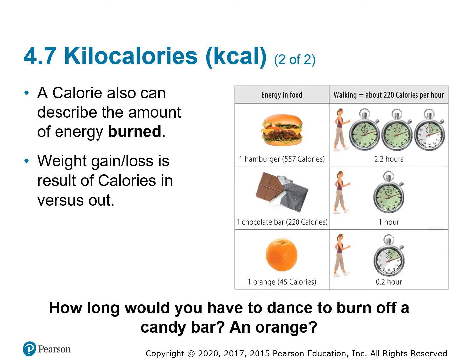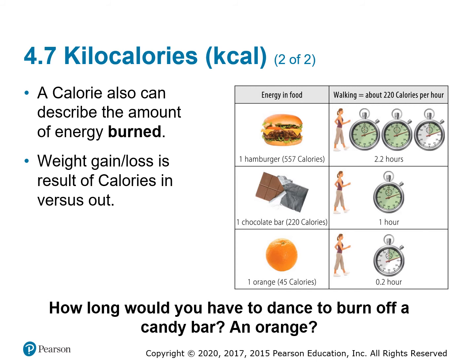A calorie also can be described as the amount of energy burned. So this is kind of interesting: if you have the energy from a hamburger that's 557 calories, it would take about 2.2 hours of walking to actually use up those calories.